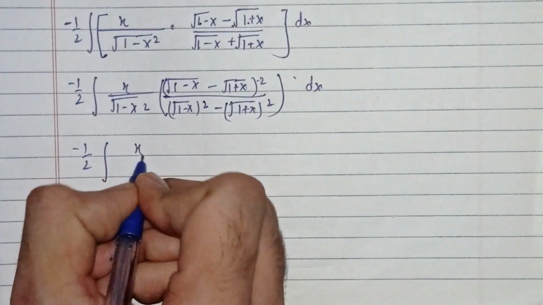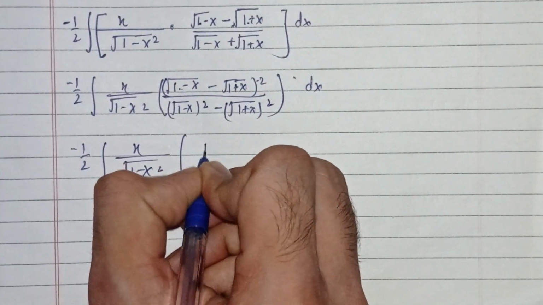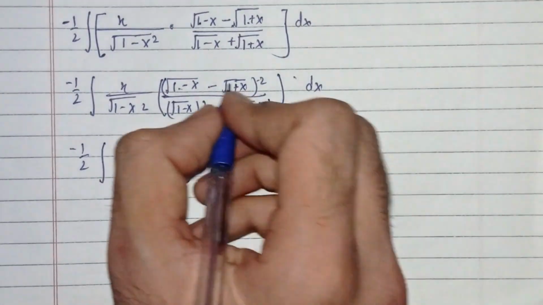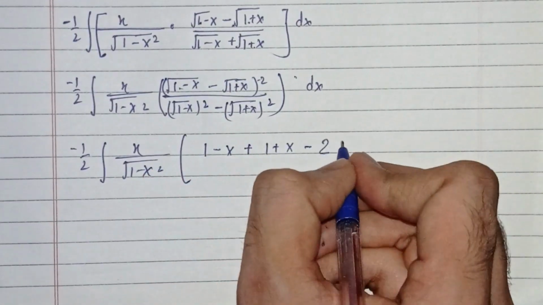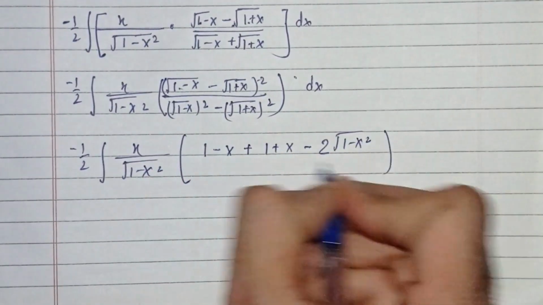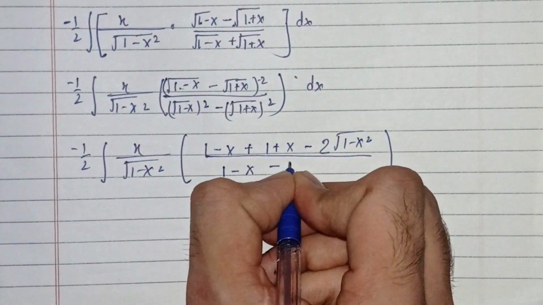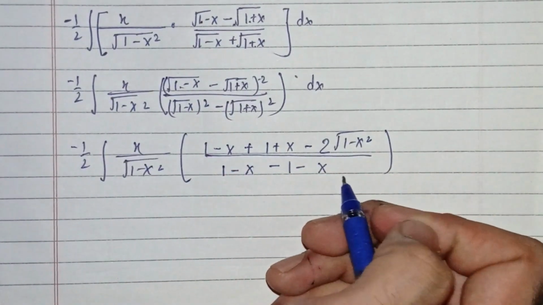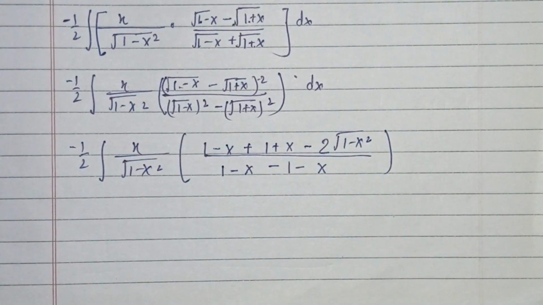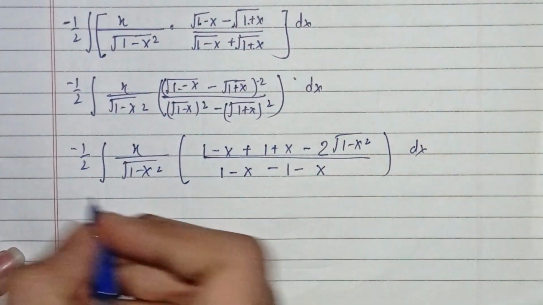Minus 1/2 integration of x upon √(1−x²). So it will give (1−x) plus (1+x) minus 2√(1−x²), upon (1−x) minus (1+x), dx.